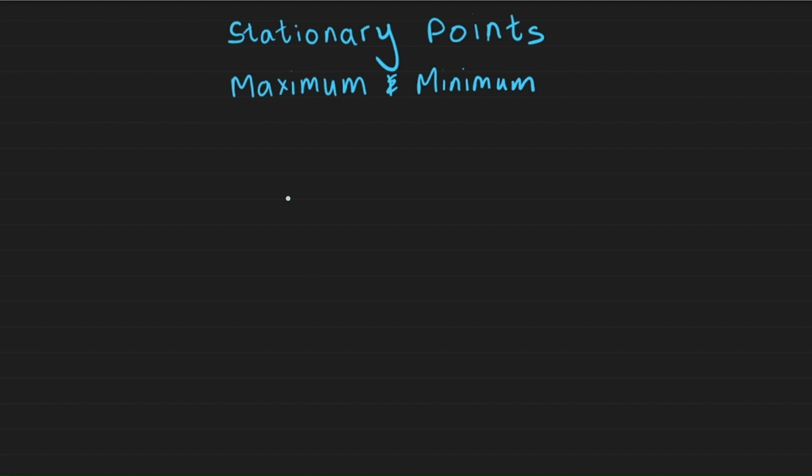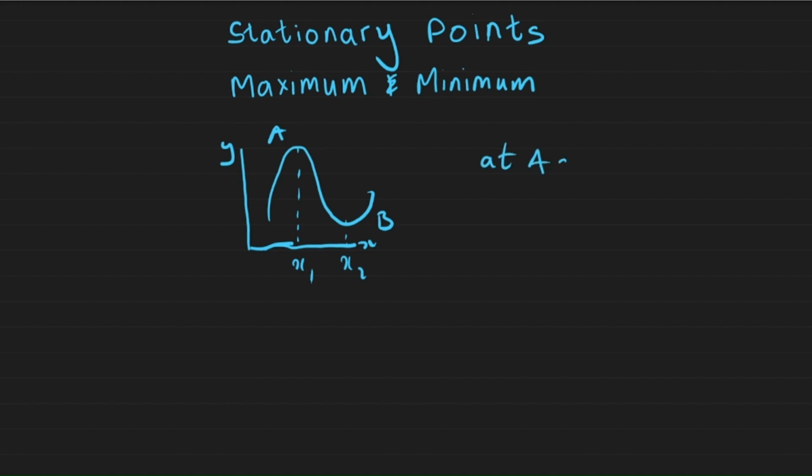So starting off with single variable calculus as a quick revision. If we have the x and y axis, and we have a random curve, we have 2 points A and B. x1 corresponds to the maximum at A, and x2 corresponds to the minimum at B. What's true in both these instances at A and B is that the derivative dy/dx, the first derivative, is equal to 0.